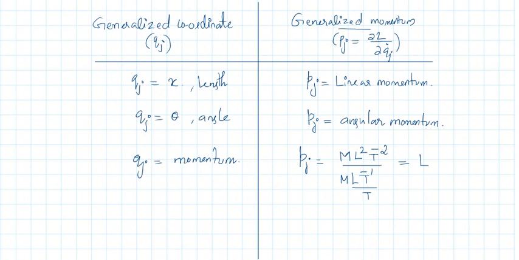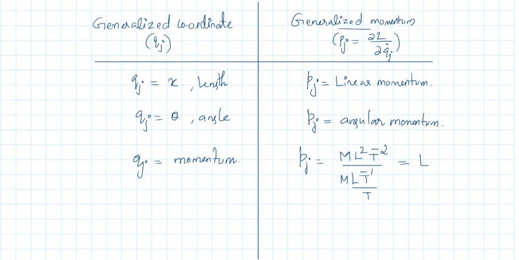So, for solving a problem using Lagrangian dynamics, the aim is always to find a set of suitable generalized coordinates. As I always mention, the choice of generalized coordinates is not unique. The number of generalized coordinates is unique, but the choice is not unique.